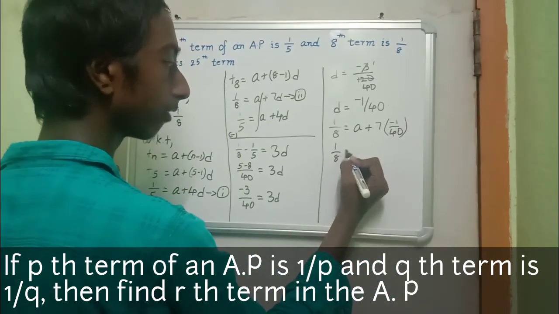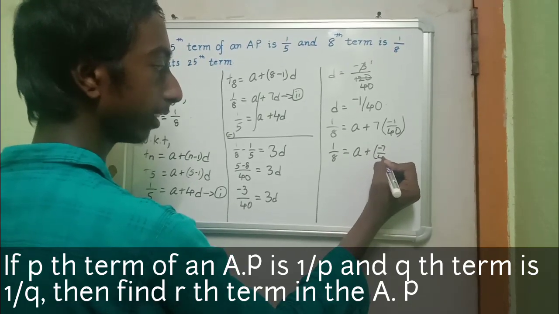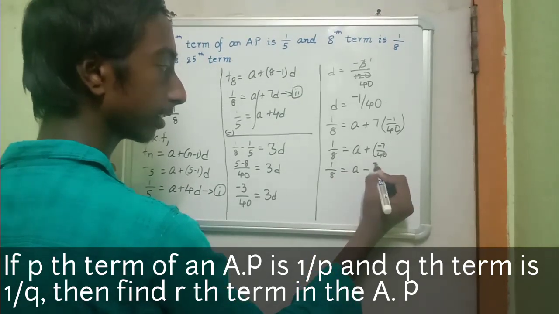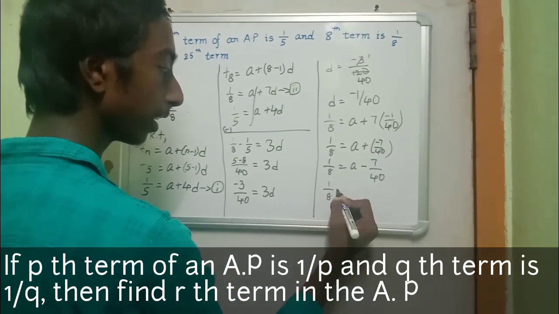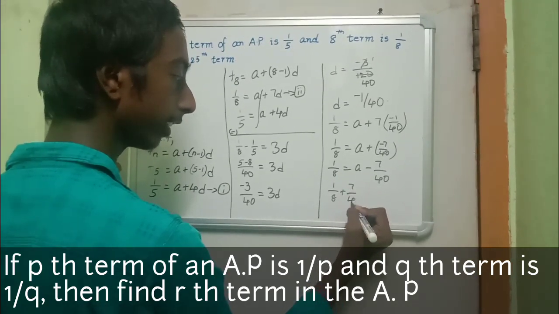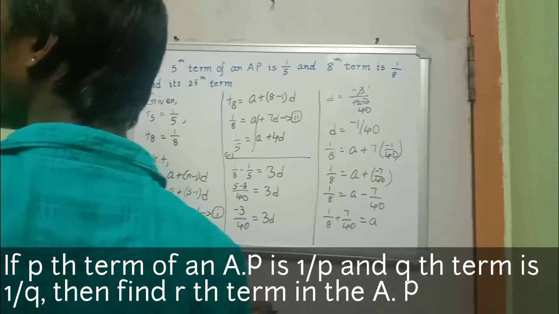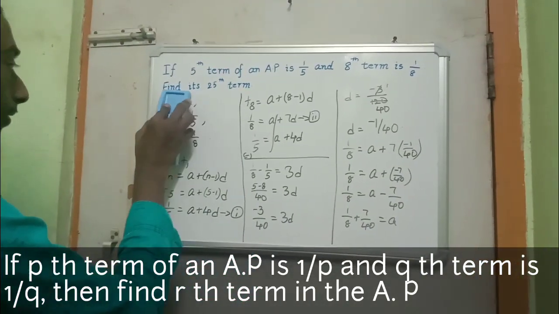So 1 by 8 equals a minus 7 by 40. So 1 by 8 plus 7 by 40 equals a. Let's simplify this to get a.